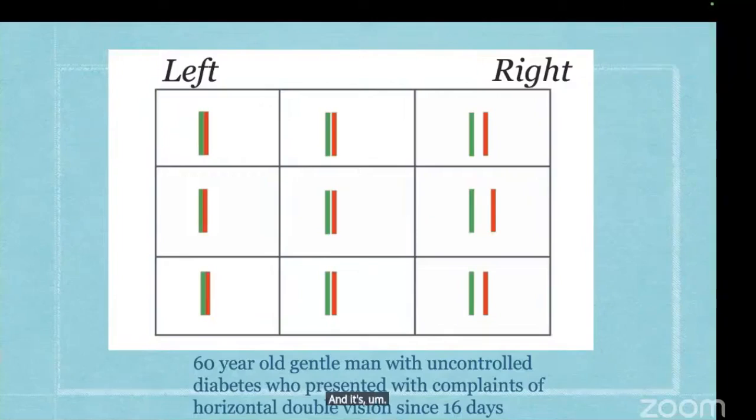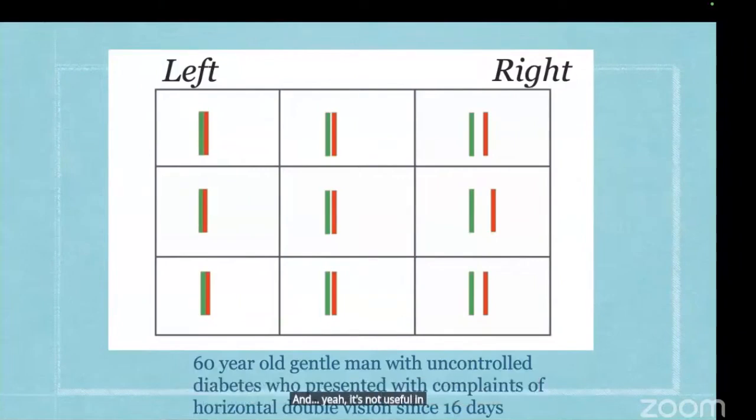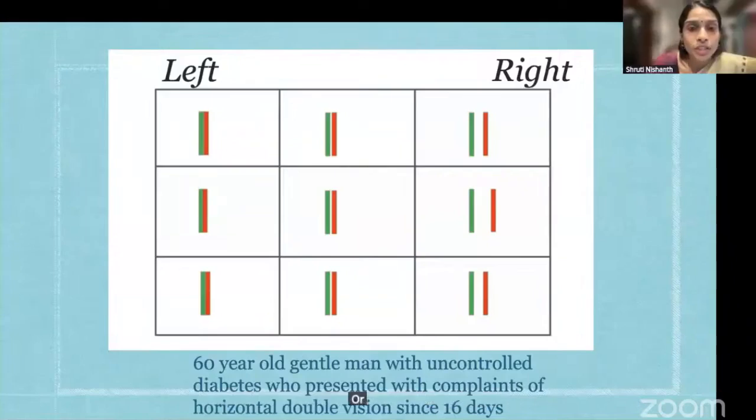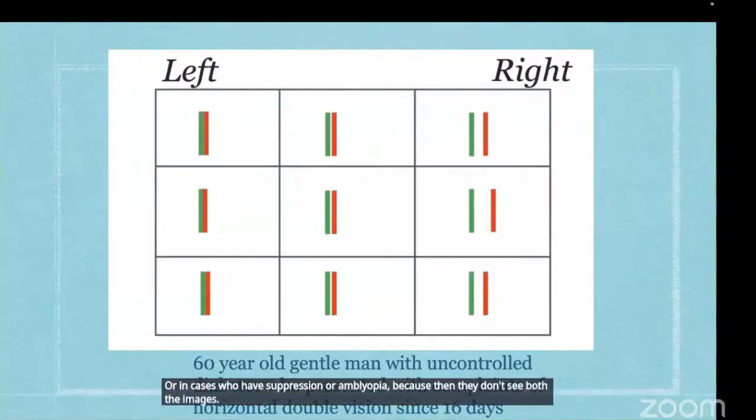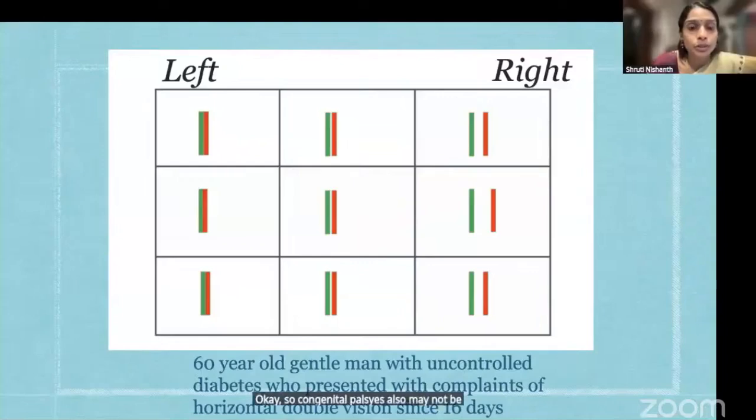Minor changes cannot be detected through this procedure because it's a quantitative test, and it's not useful in long-standing cases of nerve palsies, or in cases with suppression or amblyopia, because then they don't see both the images. Yes, ma'am. Okay, so congenital palsies also may not be suitable for diplopia testing.